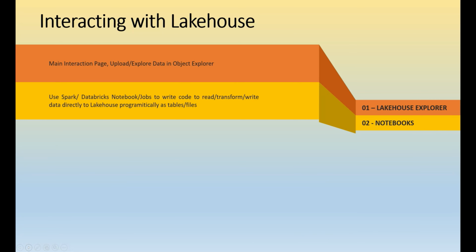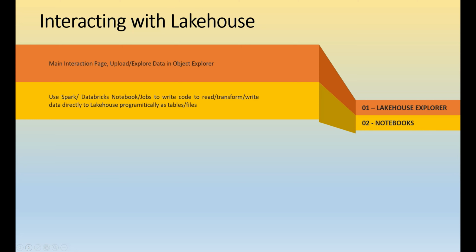Notebooks, if you are familiar with Databricks or any Jupyter kind of notebook, and if you are a developer, like a data engineer, then you definitely know this. Otherwise, a notebook is just a programming interface, a page where you start writing your Spark code, and we can schedule it as jobs. You write the code, and you can read, transform, and write the data directly to the lakehouse.